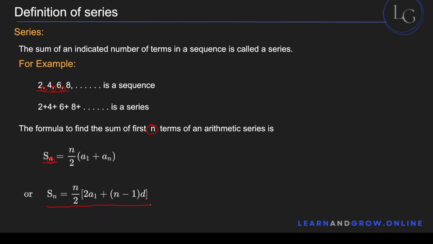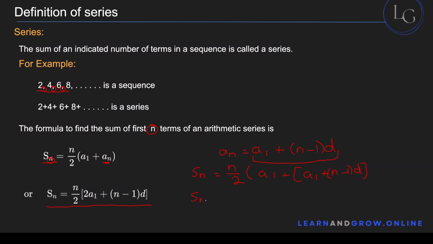So how do we come up with this formula? Well, as you remember, an is equal to a1 plus n minus 1 into the common difference d. When you plug in this instead of this an here, Sn is equal to n over 2 into a1 plus a1 plus n minus 1 into d.